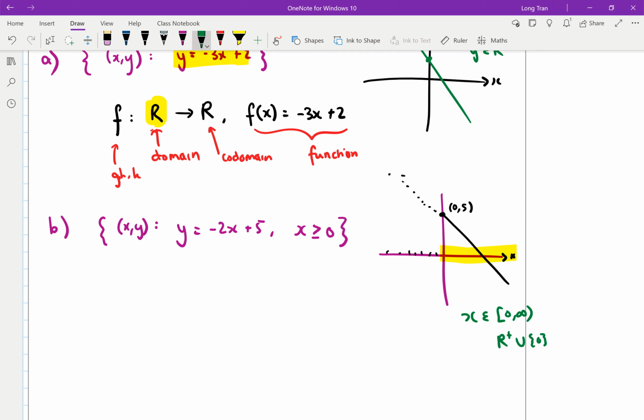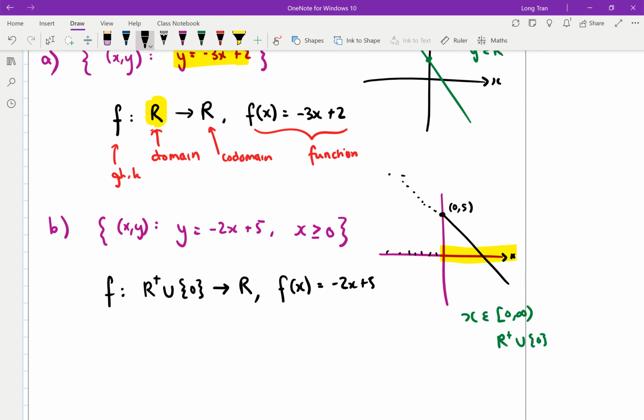So if I were to use function notation this time, I would then say again, my function f has a domain of R plus, which means any positive number you can think of, union, I list the number I can include, which is 0, maps onto R, which is the x-axis represents any number that I can have, and I'm drawing only the positive values and including 0, comma, the function is negative 2x plus 5.